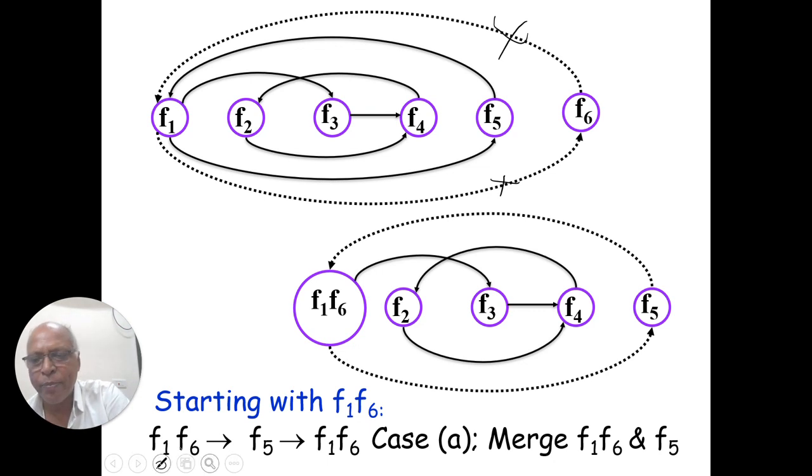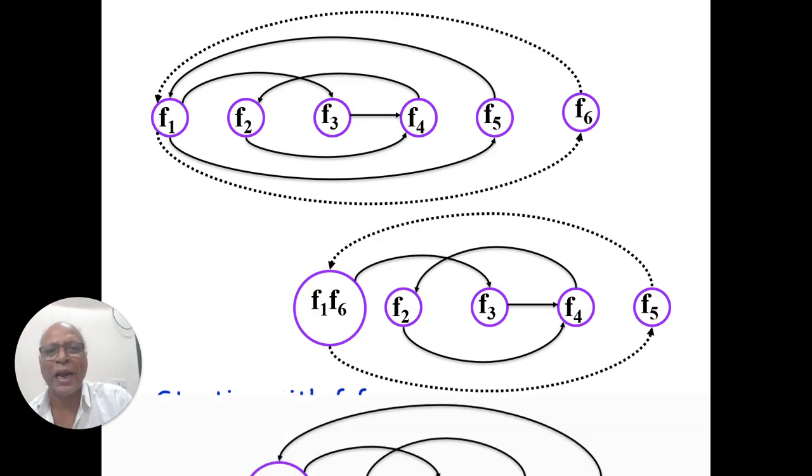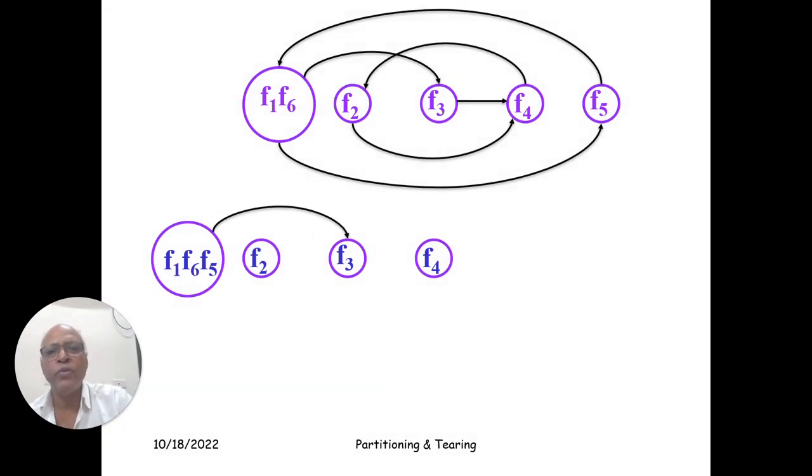What is happening? F1, F6 is getting repeated, and in between there is F5. What do you need to do? You need to merge F5 with F1, F6. When you merge F5 with F1, F6, these two edges will vanish. So you will be left with 4 nodes only when you redraw this graph. So this was the previous figure.